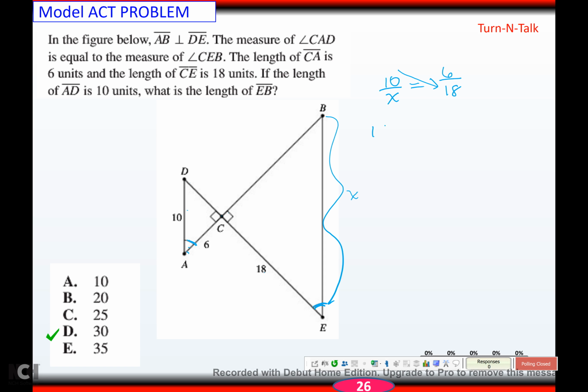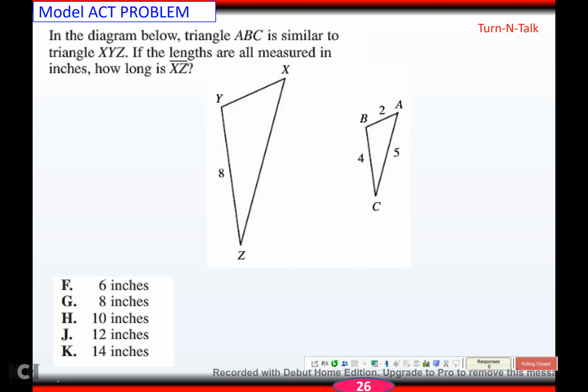So I would have 10 times 18 equals 6 times x. So this will be 180 equals 6x. Divide by 6, and x equals 30. So the length of this side would be 30 units. Okay? Try this one, hit pause, come back when you're ready.